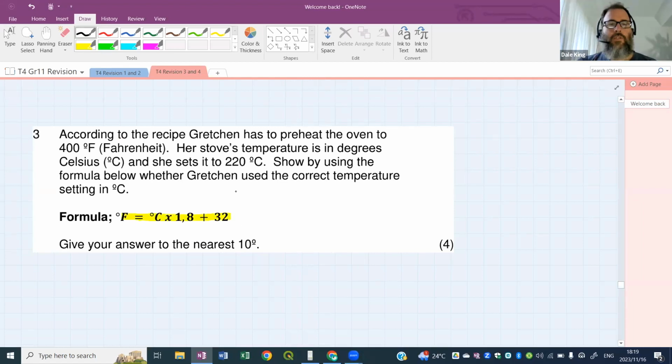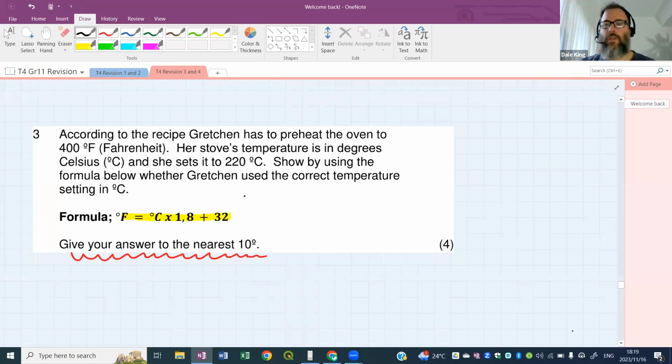She needs to get her oven to 220 degrees. So show by calculation if she used the correct temperature. Be very careful. You got to give your answer to the nearest 10 degrees.